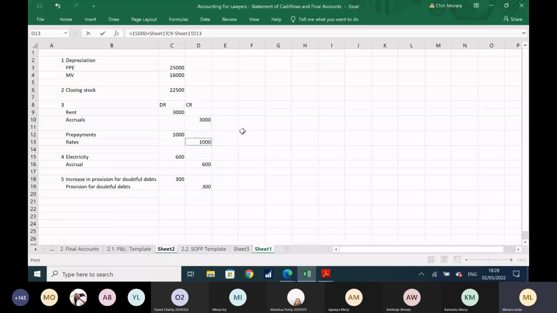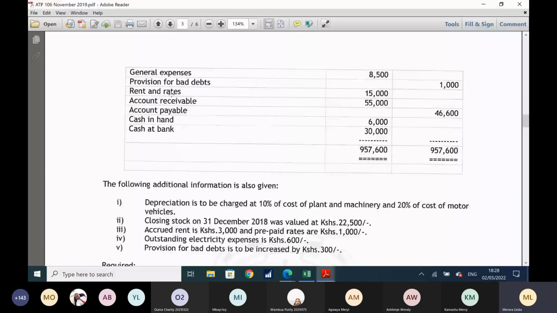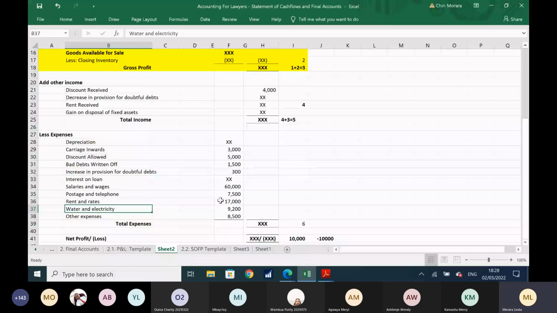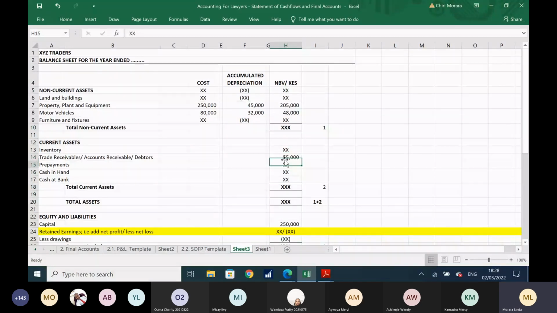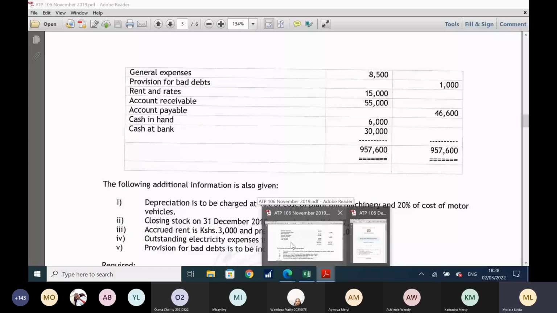And then after that, you have your accounts receivable, which have not been adjusted. So you put it as it is, which is 55K. The next one is accounts payable, which is 46,400.